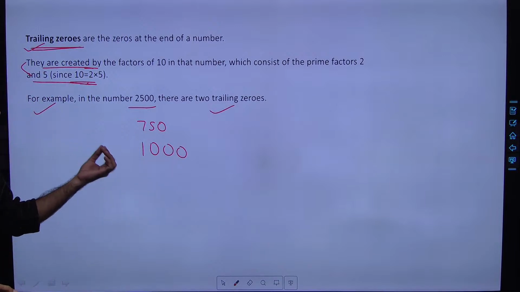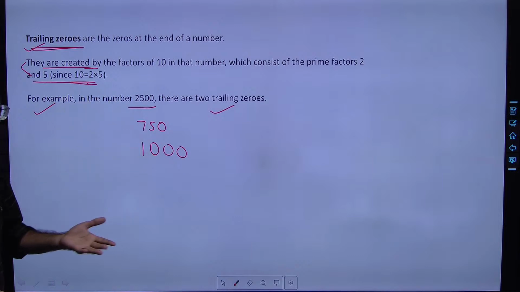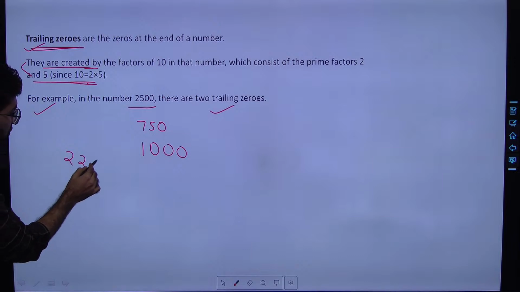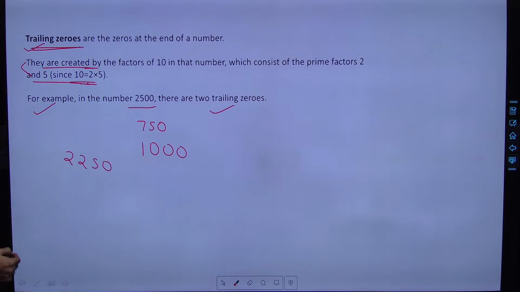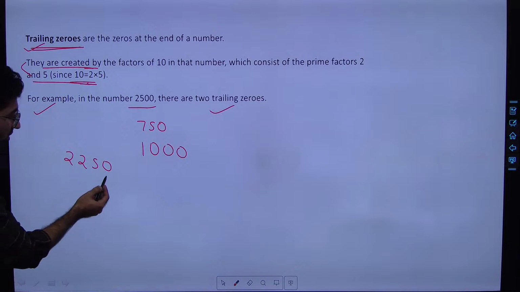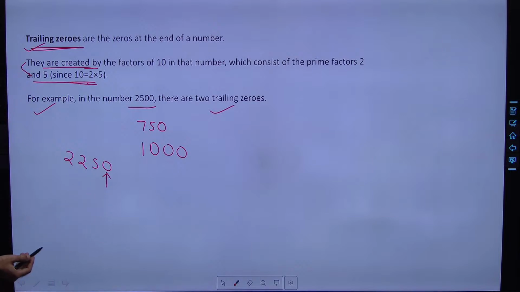Right? Trailing zeros are the zeros at the end of a number, right? If I give you a simple number 2250, what is the number of trailing zeros? 1, right? There is only 1 zero at the end. So 1 is the number of trailing zeros in 2250, right?